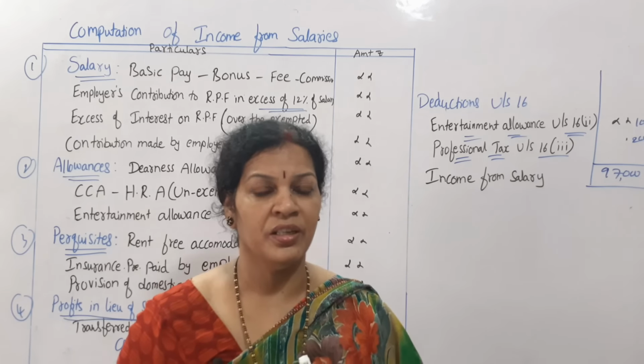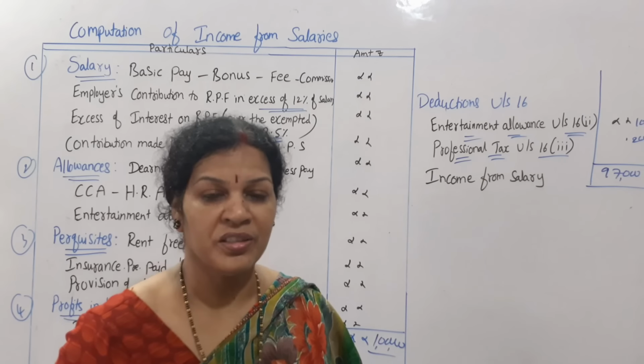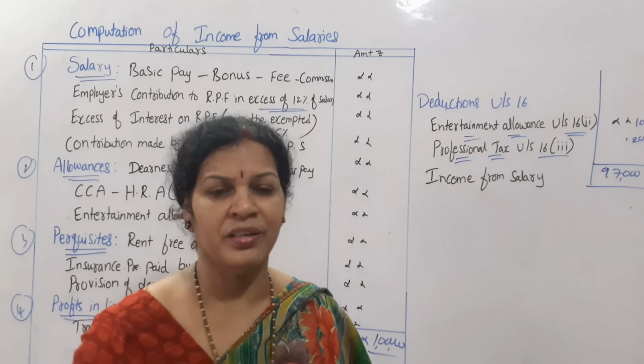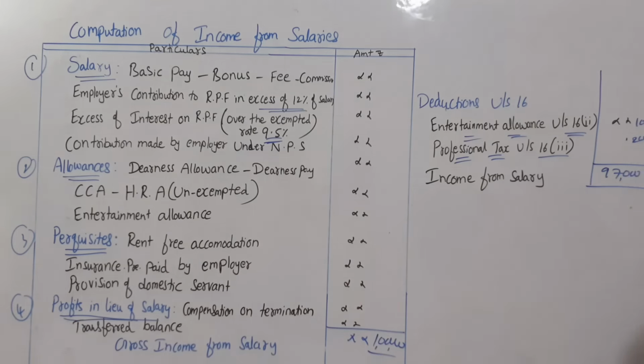Subsection 3 is about professional tax. If we deduct these 2, we will get income from salary. This is gross income from salary. From gross income, after deductions, you will get income from salary. So this is a simple format. Hope I am clear. Take a screenshot or note it down.